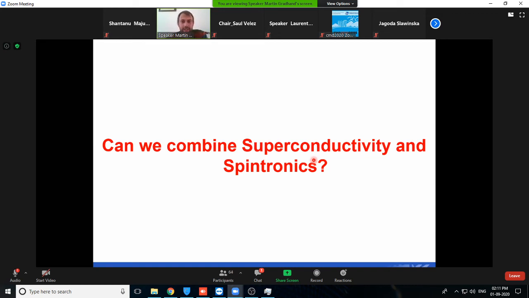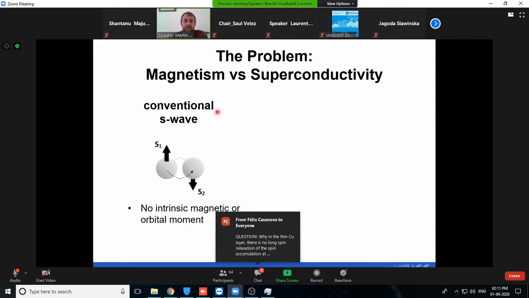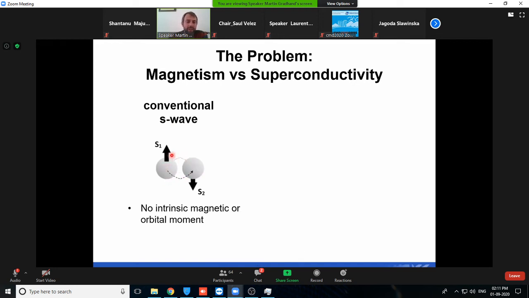With that, very briefly, in 1 minute, let's highlight what our next steps are, or at least what we are trying to do next. We would like to combine those spintronic approaches with superconductivity. So what is the idea here? In conventional S-wave superconductivity, you combine always a spin up with a spin down electron. So if you combine those, there is no magnetism and nothing exciting for spintronics could happen.